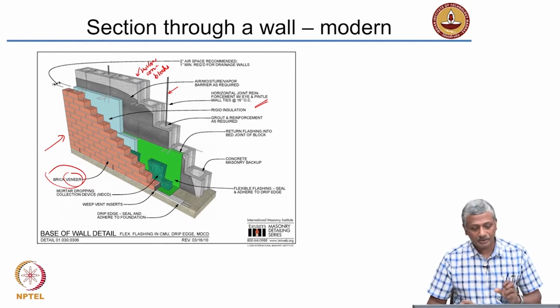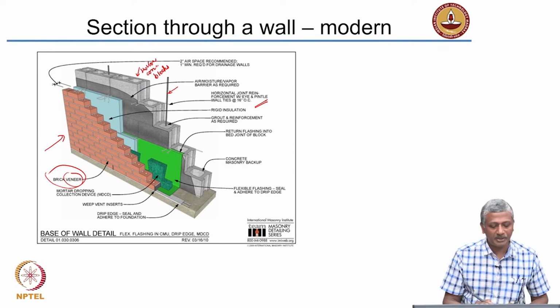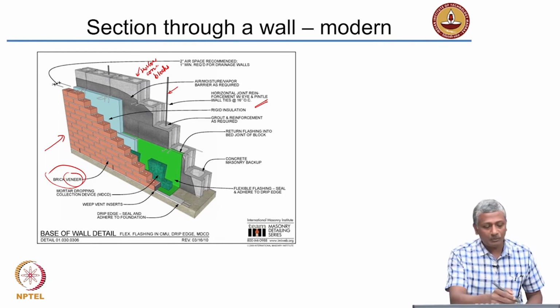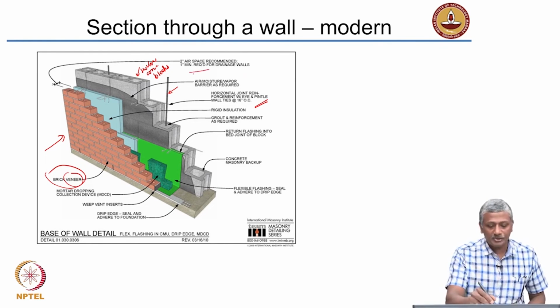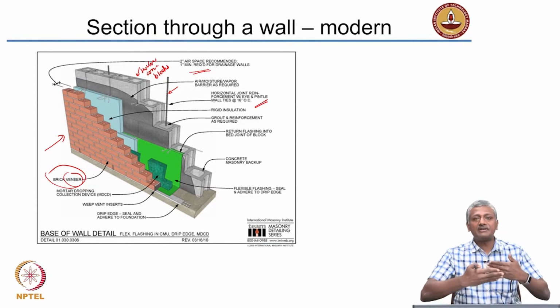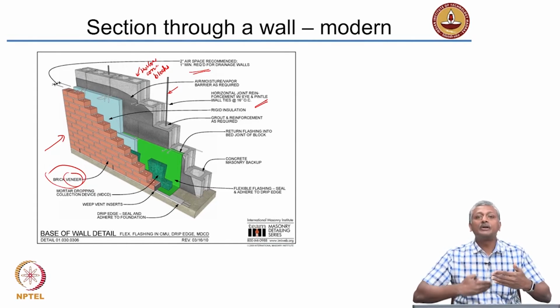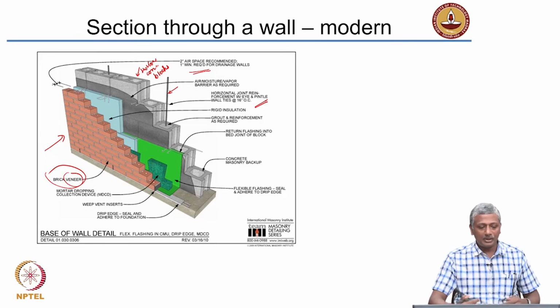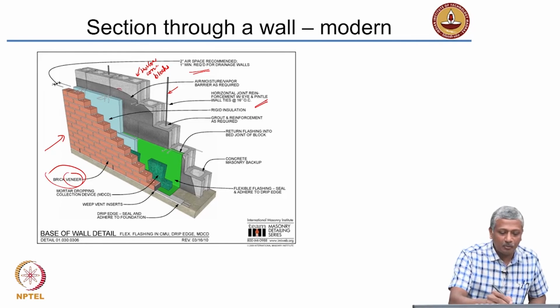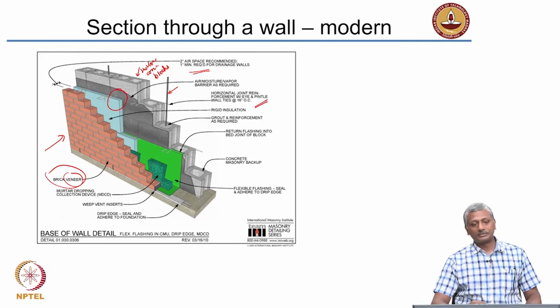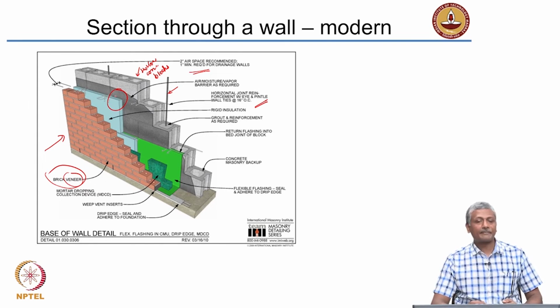So that's a nice structural wall, but on the outside it's got a brick veneer. But interestingly, if you look at what is inside, it's got an air space. So there's a cavity inside which reduces the transmission of heat and sound. You also have barrier layers for moisture and for heat and sound, like foam barriers for instance, okay, and then you have a waterproofing membrane.